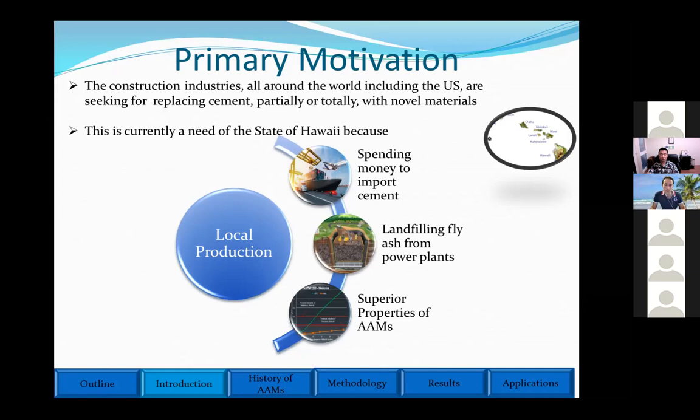We also have power plants that generate fly ash, a waste material. The superior properties of AAMs motivated us to produce alkali-activated materials instead of normal concrete in the state as a local production.